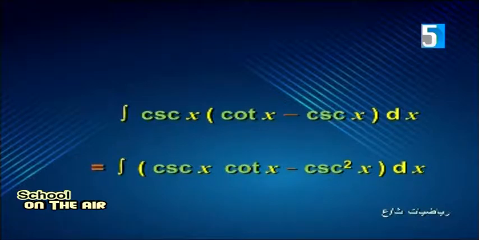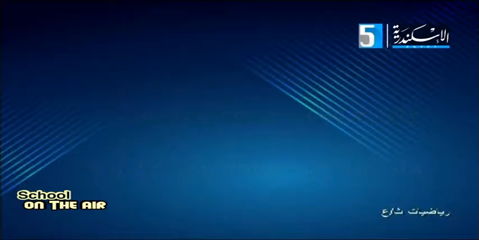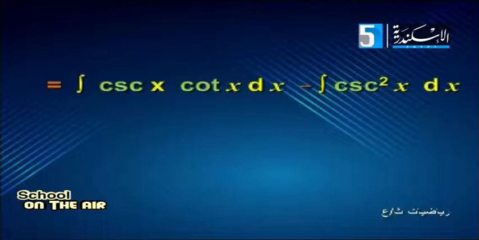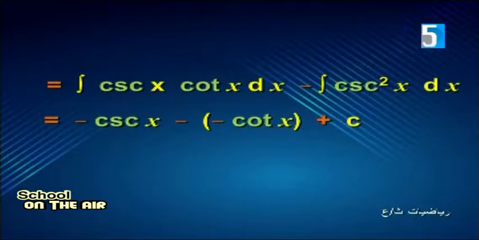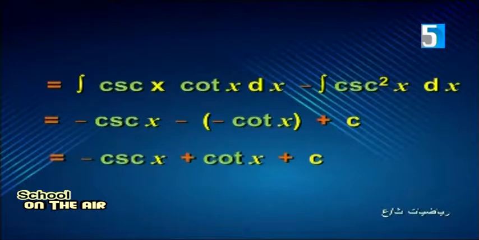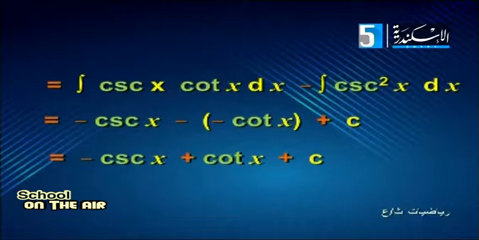Now integration cosec x cotan x equals negative cosec x, minus integration cosec power 2x dx equals negative cotan x. Then negative negative equals positive cotan x. Then the integration equals negative cosec x plus cotan x plus the constant c.